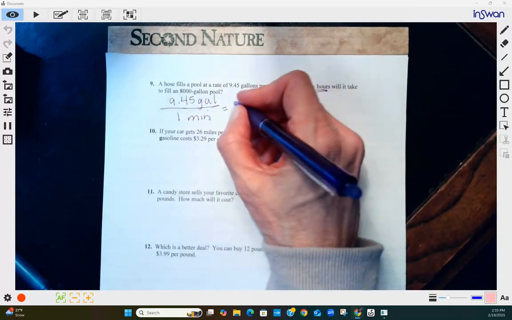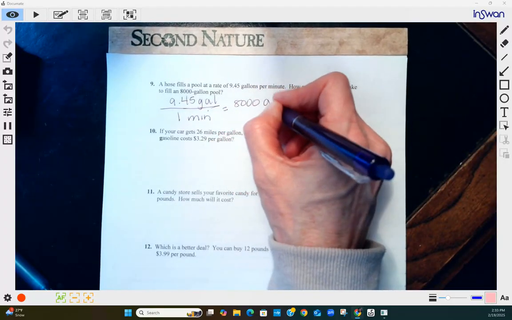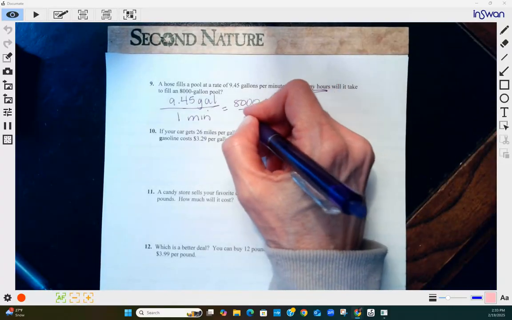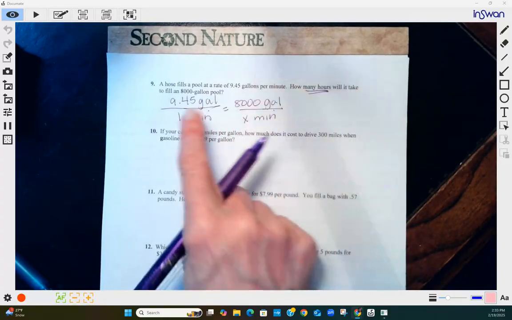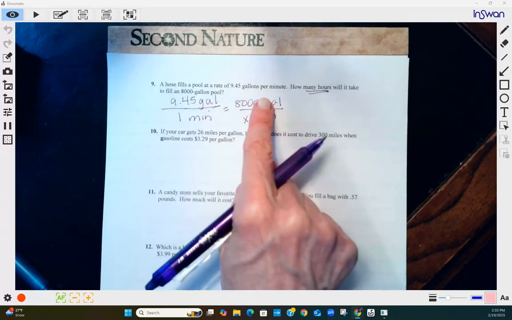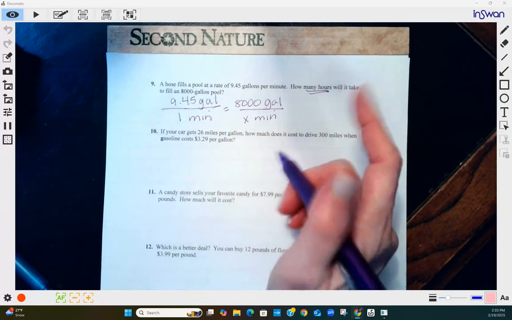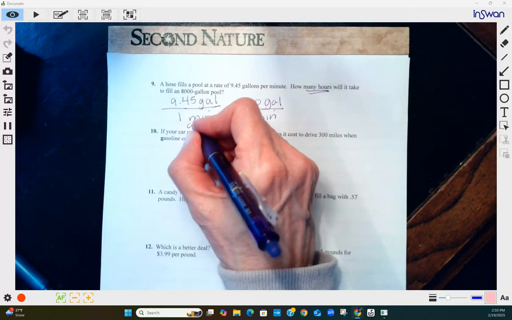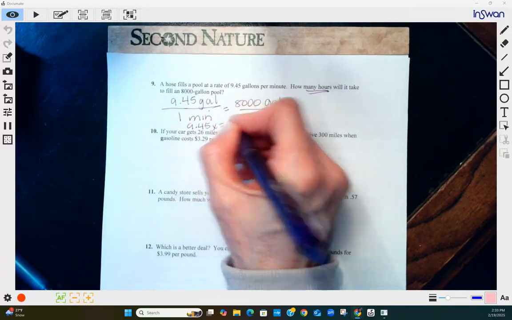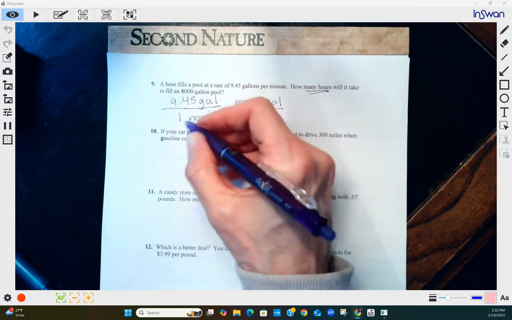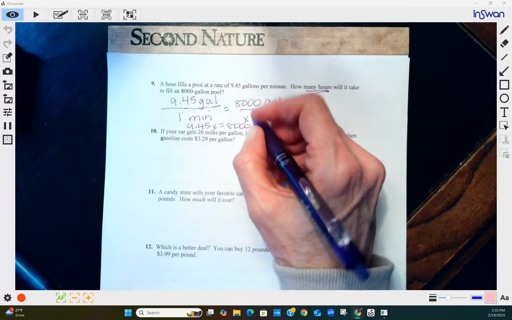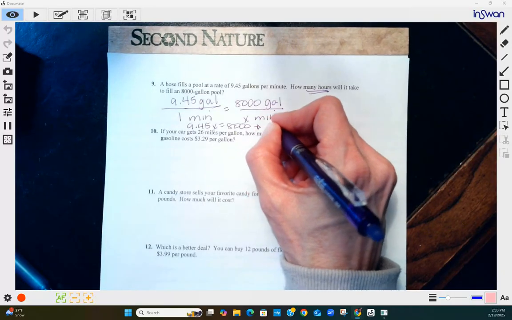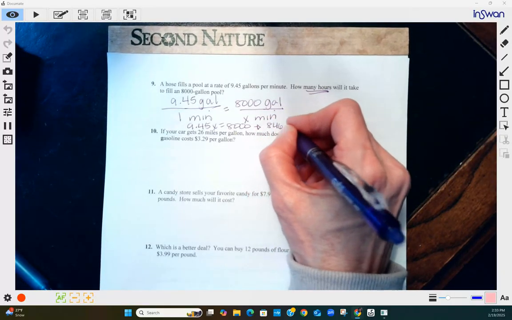And we want to know how long it is going to take if we have to fill up 8,000 gallons. Now, it's got to be gallons to minutes, gallons to minutes. So we're going to cross multiply: 9.45 x equals 8,000, and then you're going to divide by 9.45, so you should get 846.56.